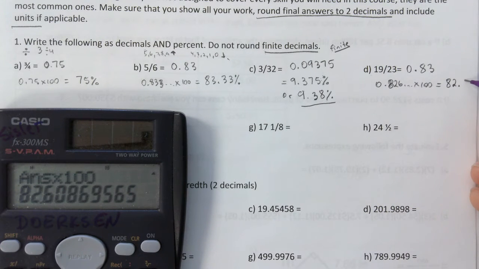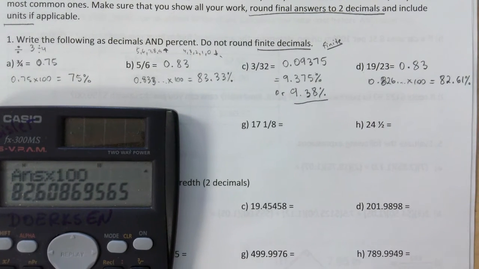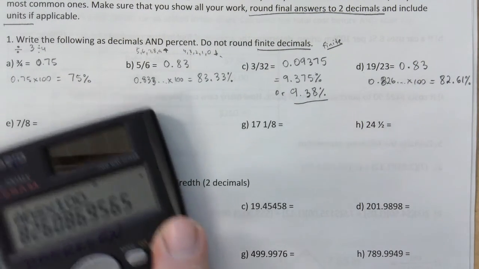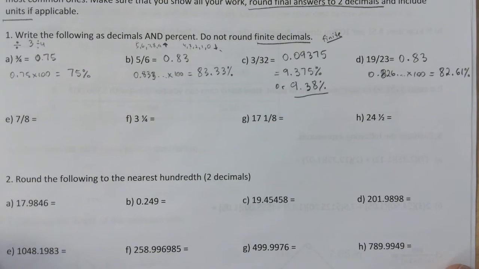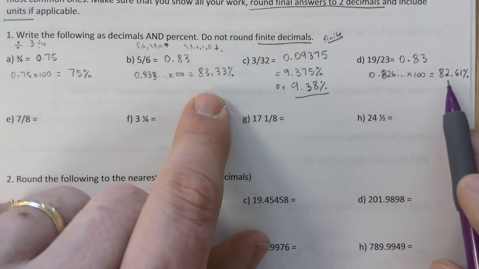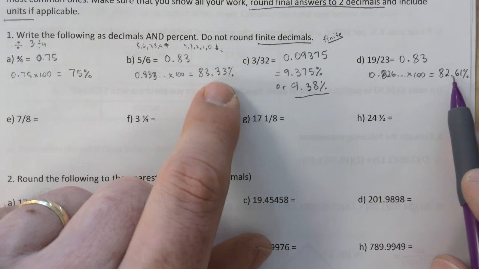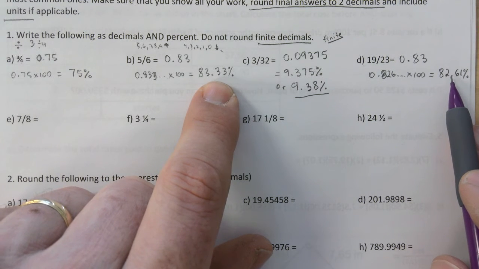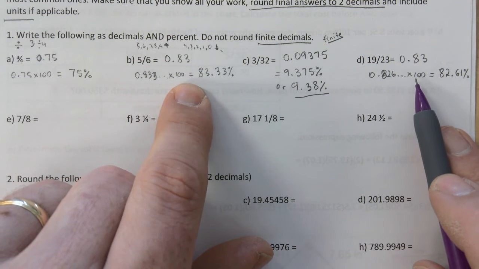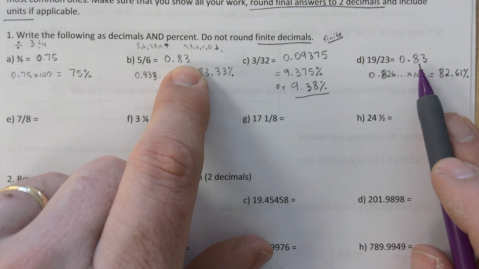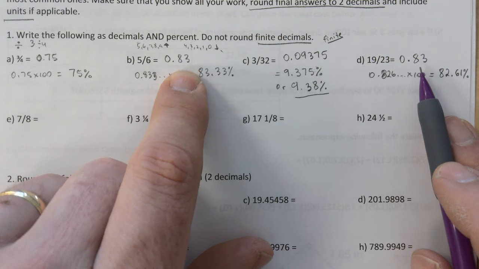So that would be 82.61%. These are little nuances that the province wants you to make a distinction on. So really, when you're looking at percentages, they are different, right? Because we multiply whatever's on your calculator by 100, not whatever you got as a decimal and round it, right?